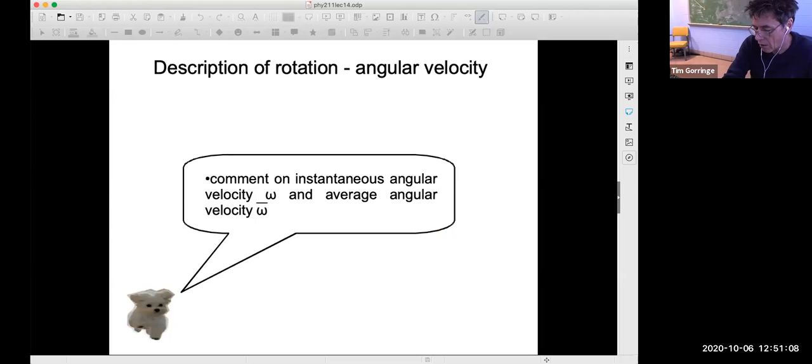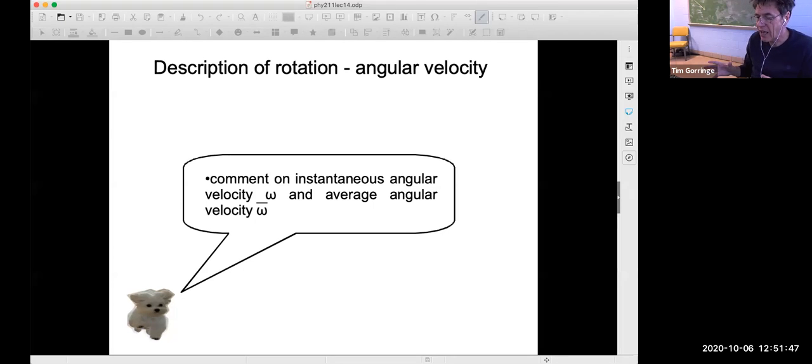Let me make a comment on angular velocity. It's a comment I made on linear velocity from straight line motion: sometimes we'll talk about instantaneous angular velocity and sometimes we'll talk about average angular velocity. When we talk about average angular velocity, we think about a finite period of time between the initial and final time, between the initial and final positions, like in the example we calculated.